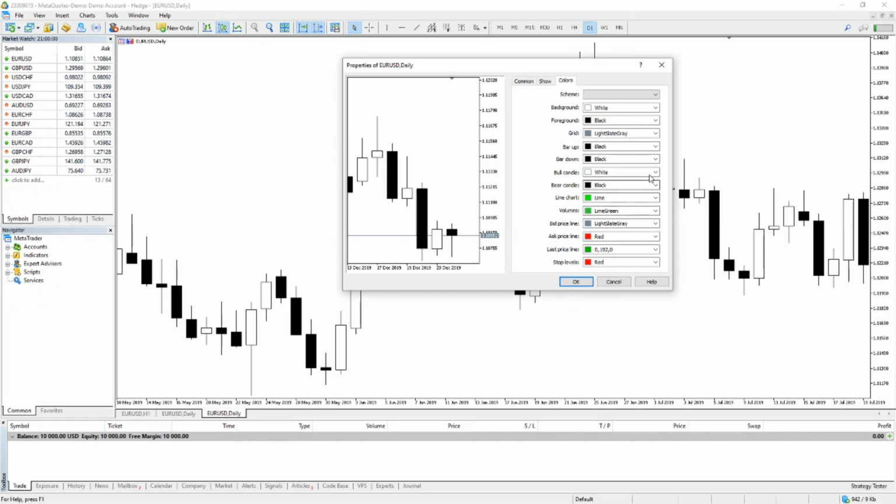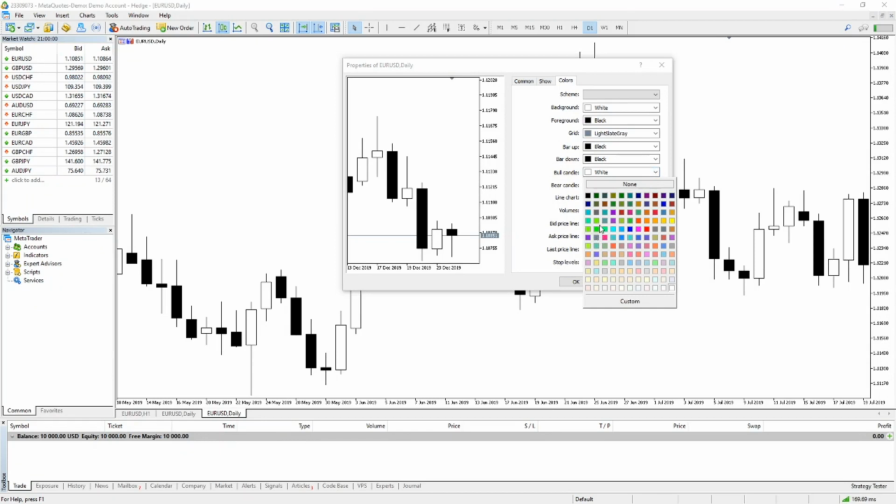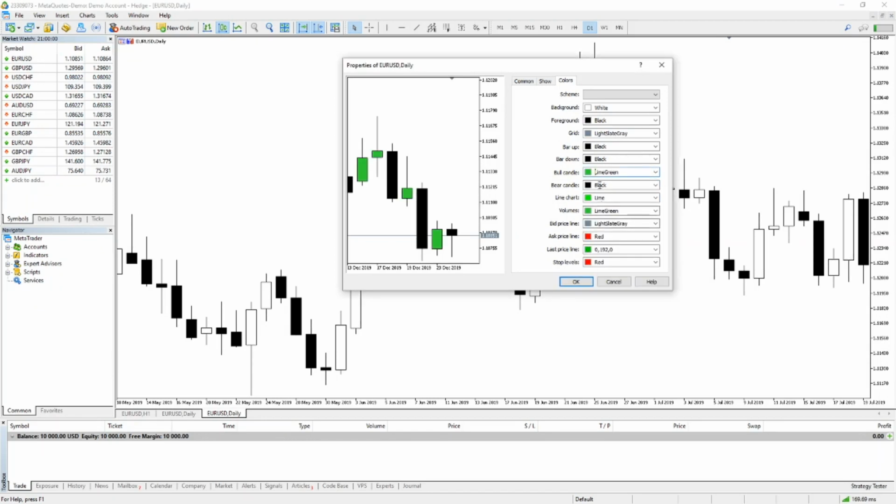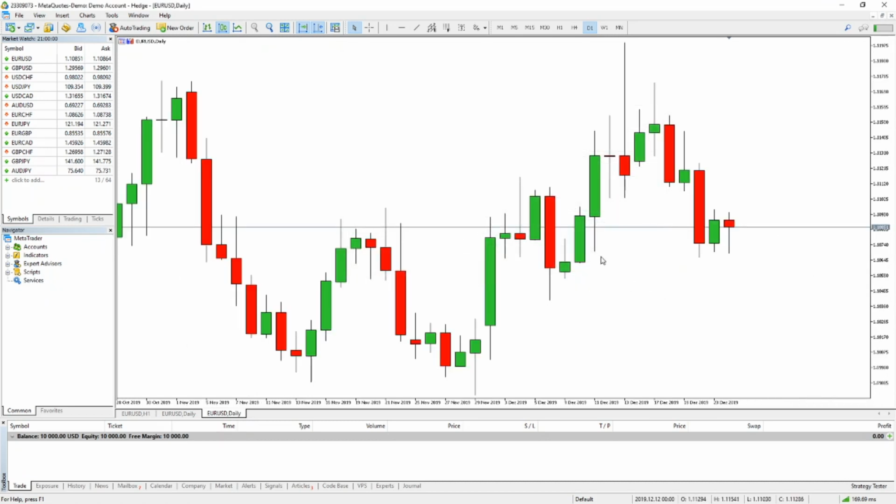I can change the color to see, like I can make it green for the bull candle. You see in the preview how it looks, and the bear candle I make red. So now you clearly see that all the red candles have the opening price higher and closing price lower, and the green candle is a bull candle, opening price lower and closing price higher.